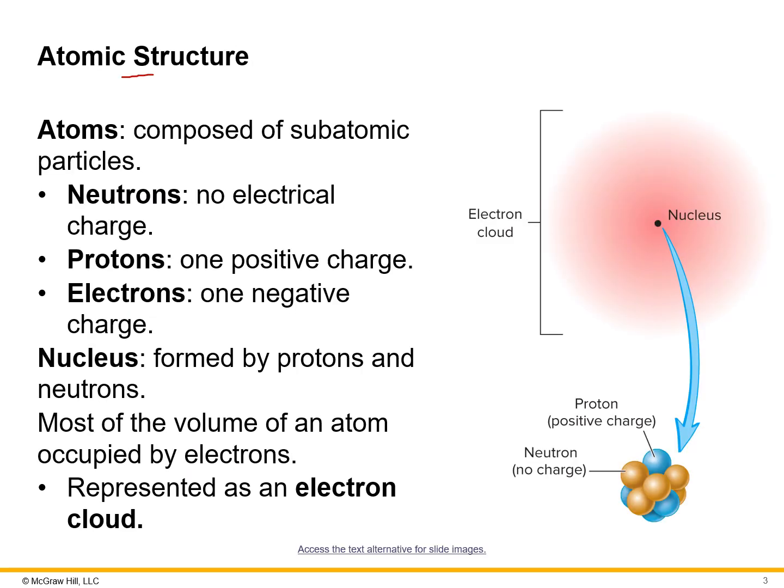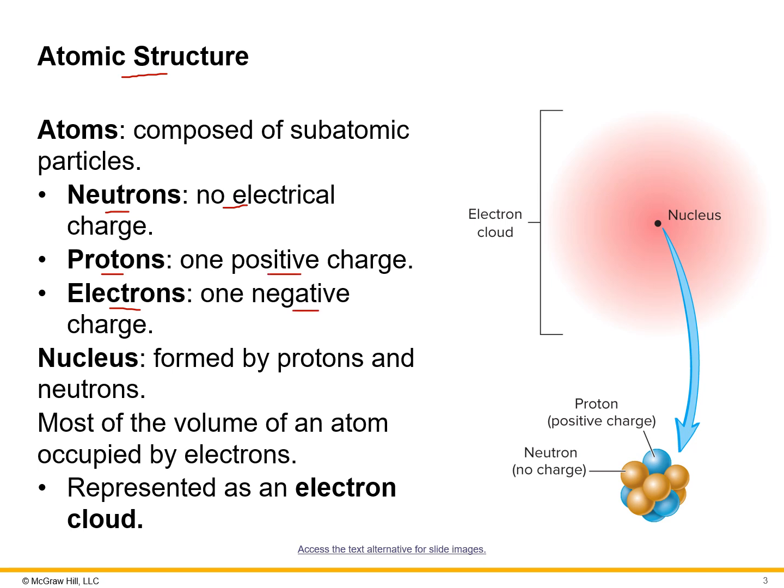All right, so our atomic structure, and you've probably seen this before, but atoms have subatomic particles that exist as neutrons, protons, and electrons. Neutrons are neutral, so they have no charge. Protons are positively charged, and electrons are negatively charged.